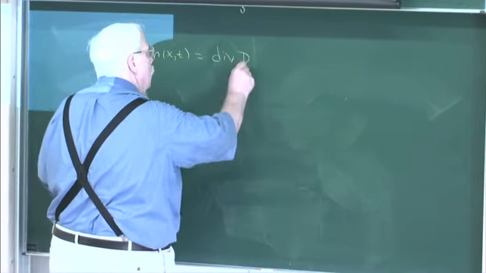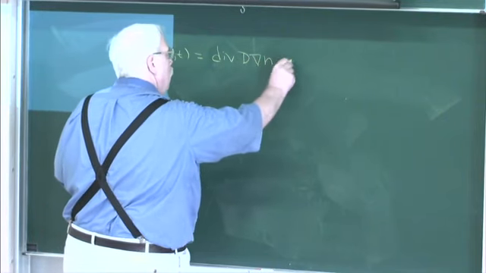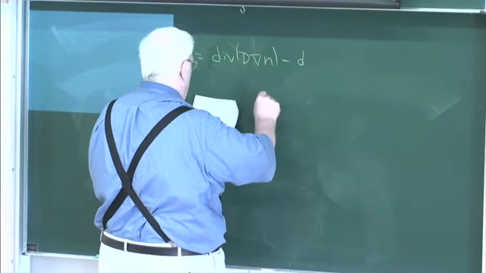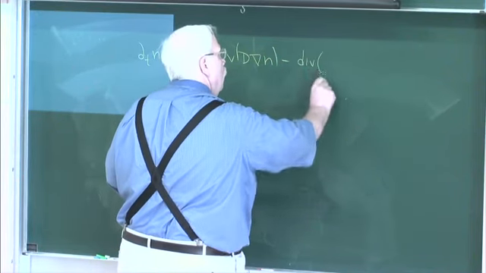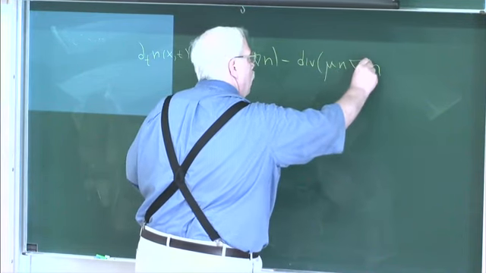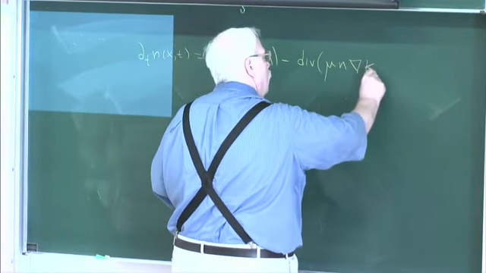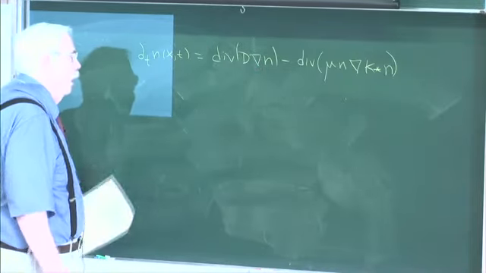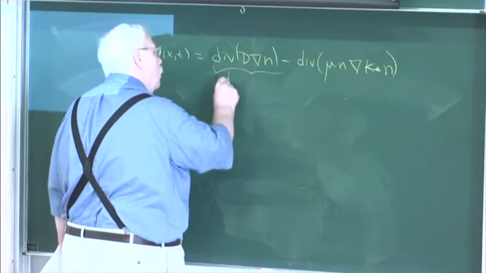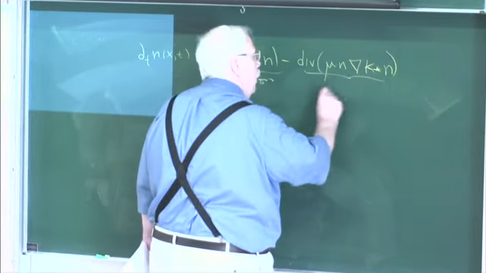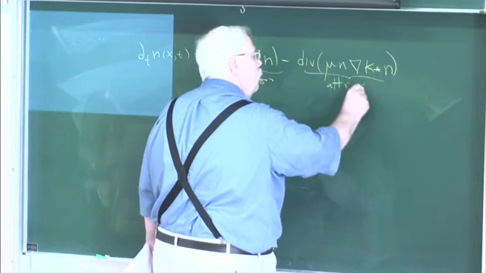So it's the divergence of D grad n minus the divergence of mu n grad n bar. I'll write it one more time as K star n. So this is diffusion, and this is the attraction. See the minus sign?